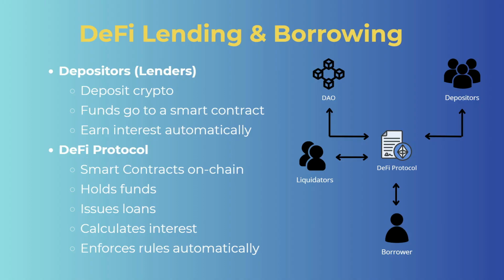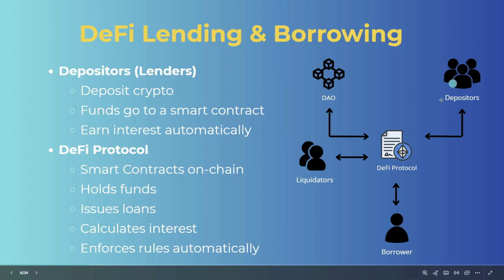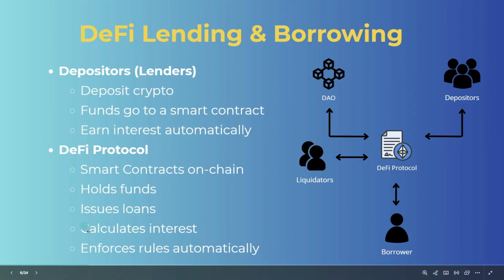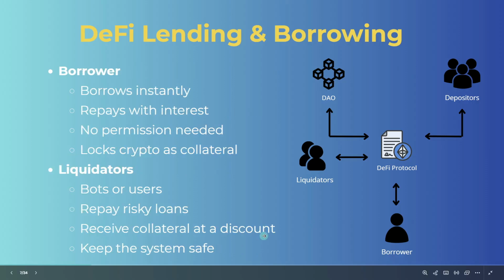There is a smart contract, a code that runs 24 hours a day, 7 days a week, and it already allows this matching between lenders and borrowers. So you earn interest automatically. And the DeFi protocol is based, as we said, on smart contracts, holds funds, issues loans automatically, calculates interest, and enforces the rules.